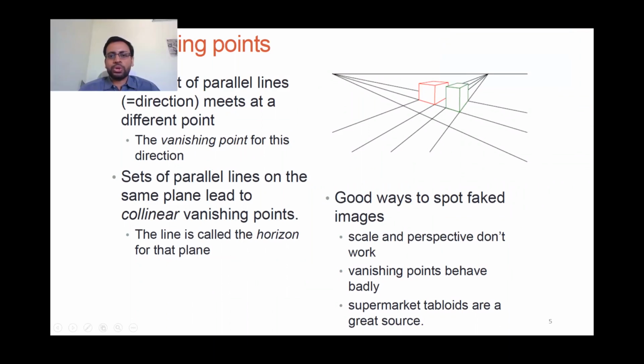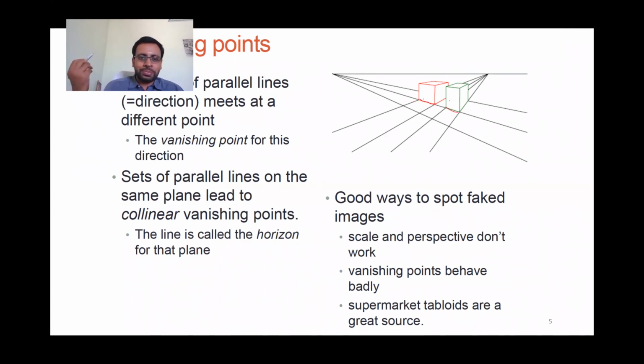This is another nice example. Suppose you have a set of cubes here, kept in such a way that, again, you need to imagine it in your mind. There is no other way. There are sets of parallel lines here, right? This line is in fact parallel to this line of a cube. There is one parallel line here, and this is a parallel line here. On the other side, these two edges are also parallel.